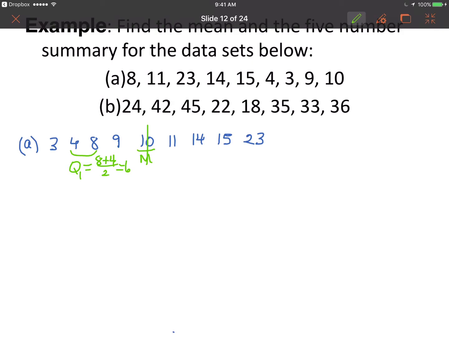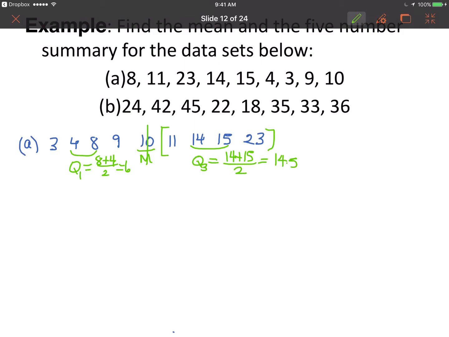The third quartile, we're looking at these 4 numbers, and the middle there is 14 and 15, so Q3 is 14 plus 15 divided by 2, which is 14.5.